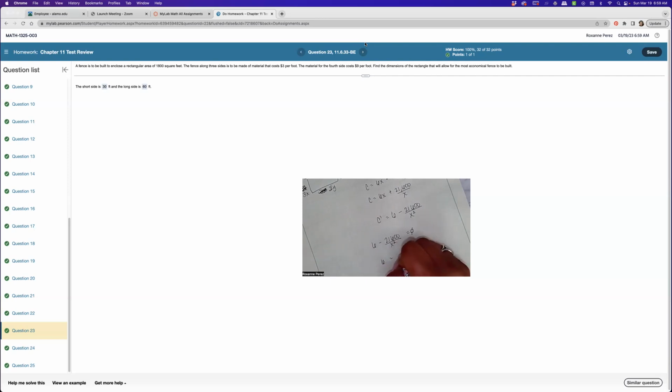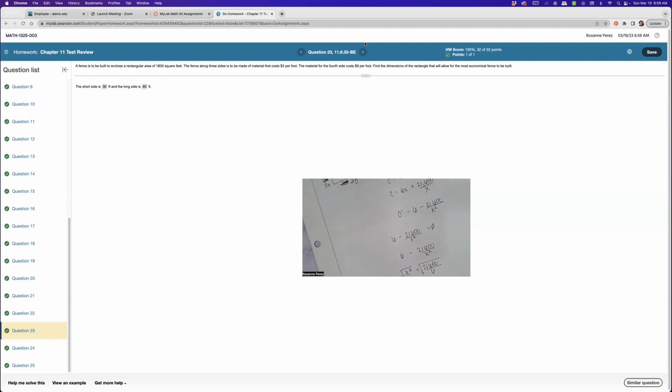So 6 equals 21,600 over x squared. This is going to be 21,600 divided by 6 to get our x squared isolated. Then we're going to take the square root of both sides, and x will equal 60.